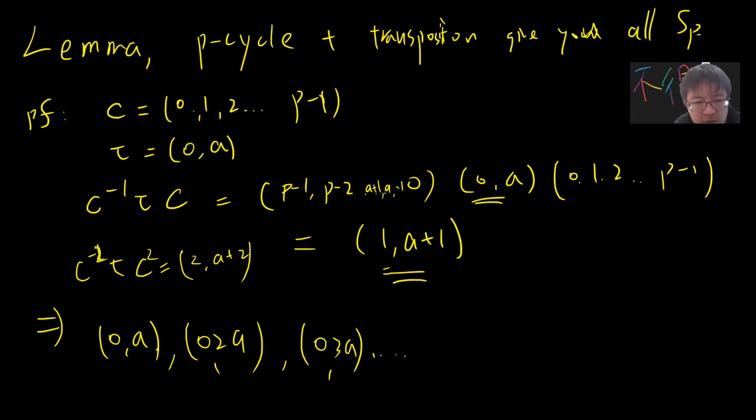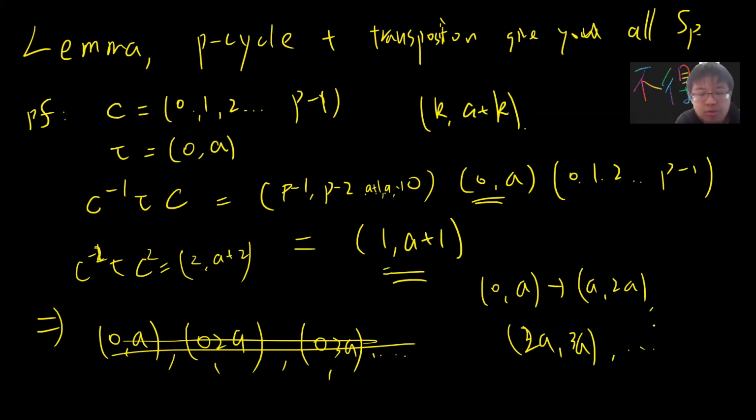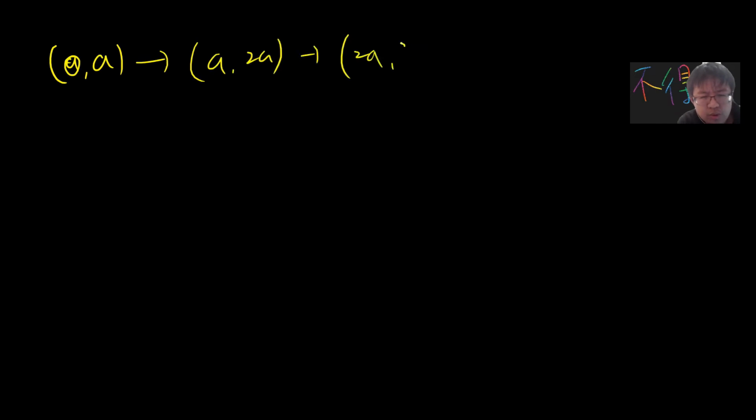You can get (0 A), (A 2A), and (2A 3A) by adding a constant, right? So basically you can get (KA, KA plus K). Okay, so we can start from (0 A), right? Go to (A 2A), go to (2A 3A).